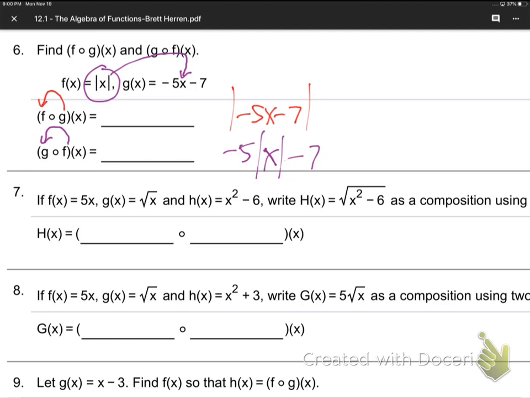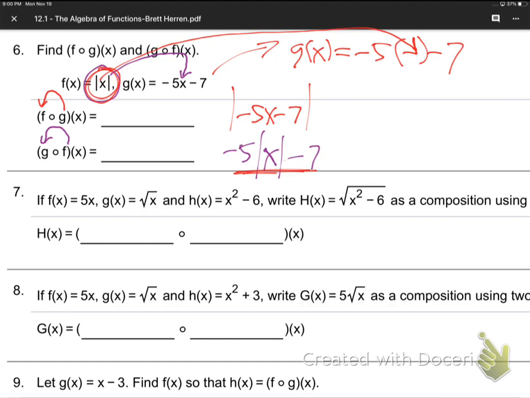No, the x, remember, is not really there. It's just a slot. The way you could really think of g of x is minus 5 blank minus 7. That's really the way they should have written functions, I think. That x is not really there. It's just a blank. It's just holding a spot. So when you take absolute value of x and you put it in, that's what you end up with. F into g. Make sense on that?